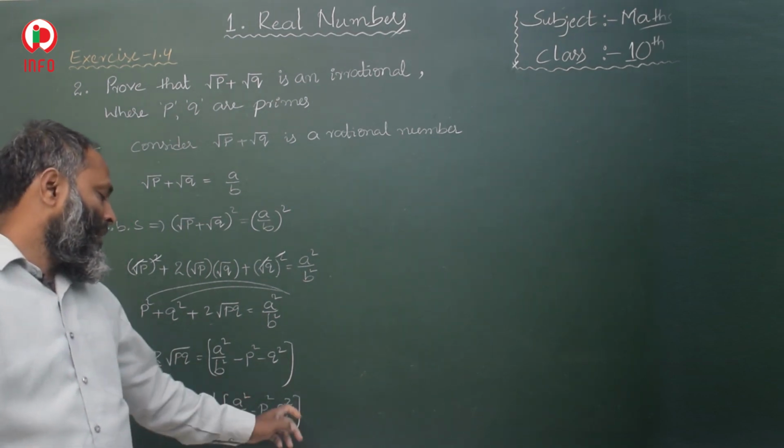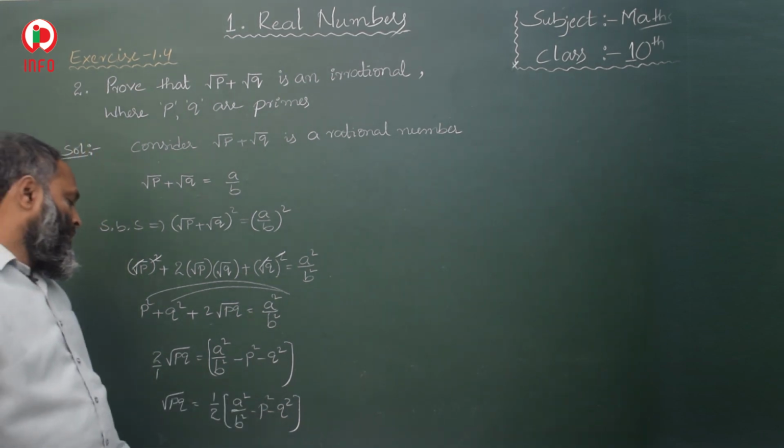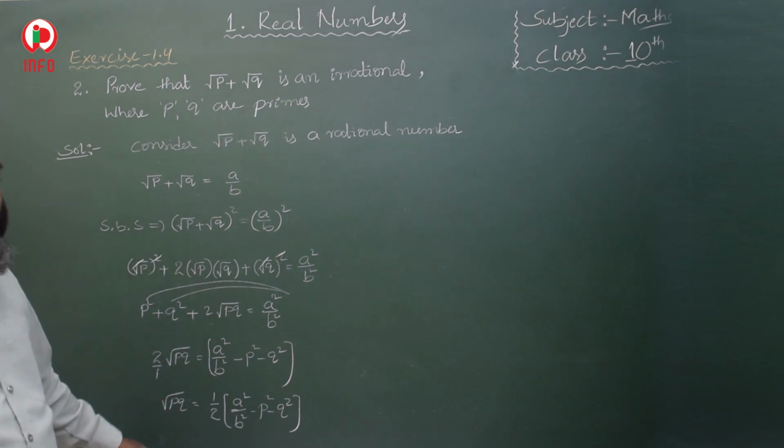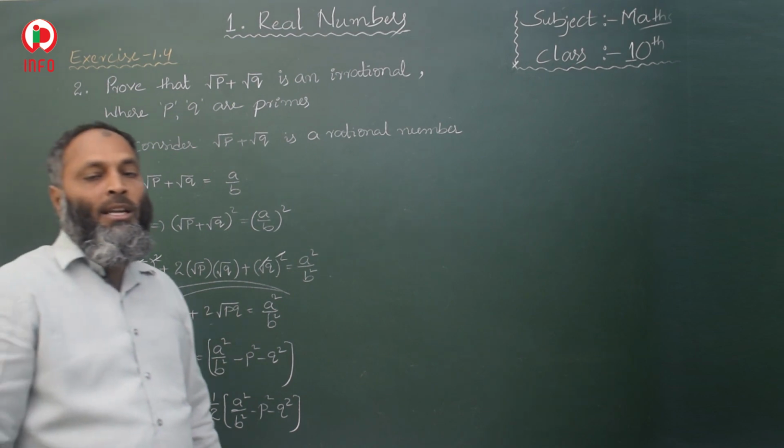The right hand side is a rational number. a, b, p, q are all positive integers. So here p, q are prime numbers. The square root of a prime number is always an irrational number.